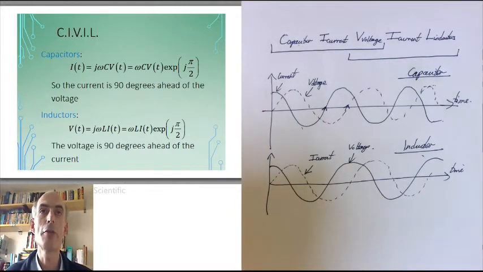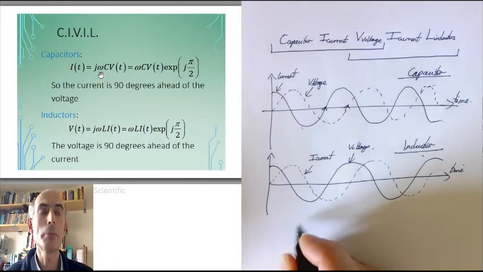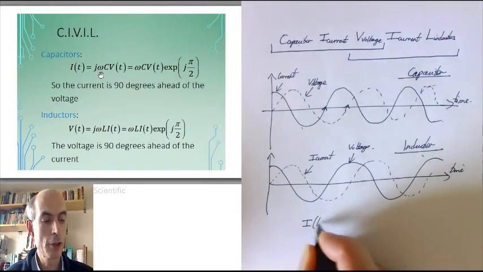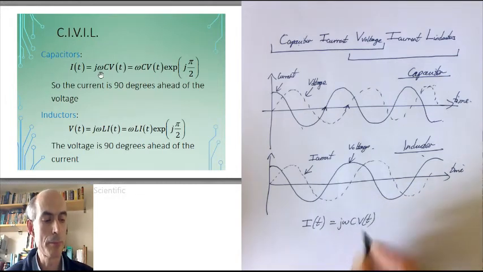And you can derive that this must be true from the impedances of these two components, sometimes called the complex impedance because in general they're complex. For a capacitor, the current is j omega C times V of t.